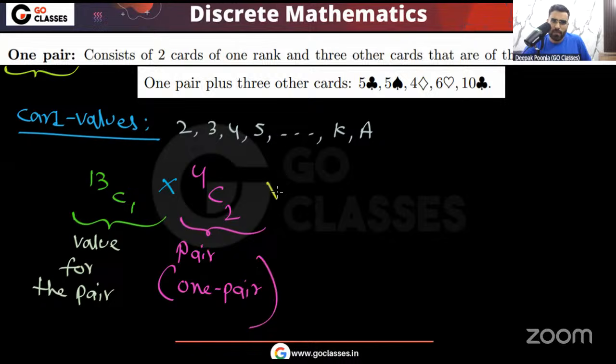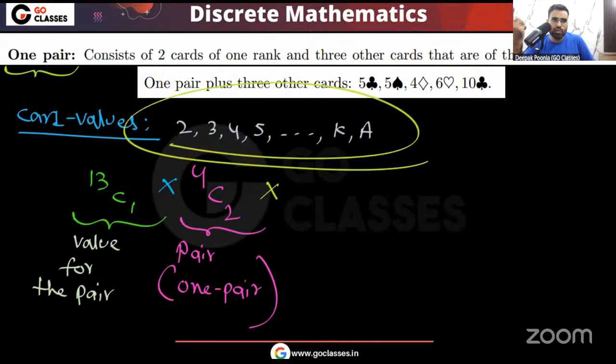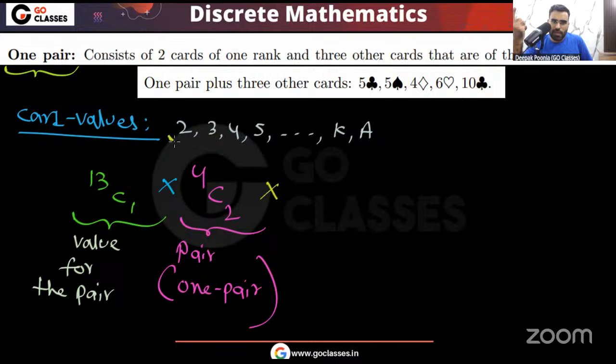Now remember, we need three more cards, correct? But they must have different ranks or different values, and their value must be different from the value chosen for the pair. So we want three different values, because we want three more cards of different values.